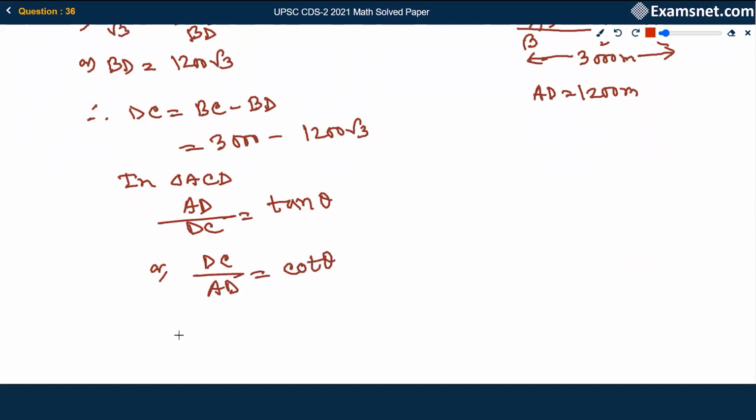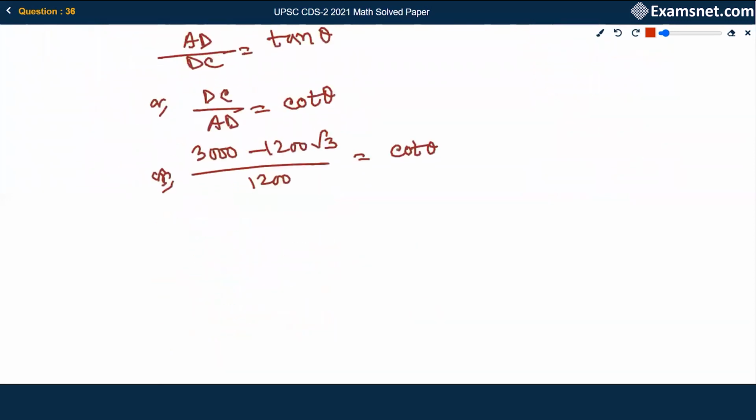So DC by AD is (3000 minus 1200 root 3) by 1200, which equals cot theta. Now let's try to simplify it.